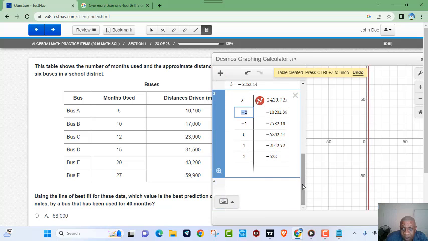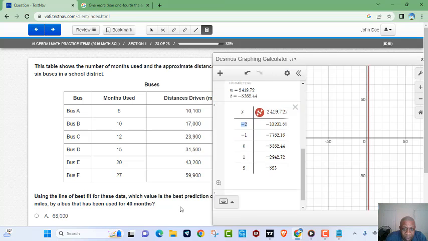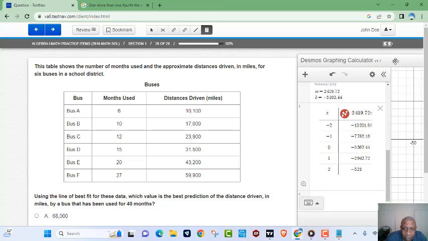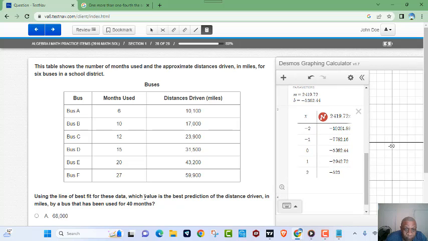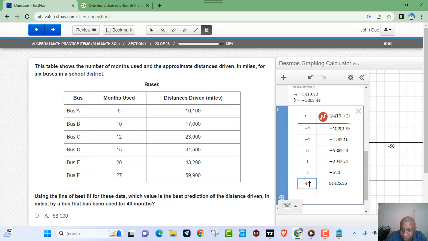And then we come down off of our line of best fit, and it wants to know, let me show you right here, which value is the best prediction of the distance driven in miles by a bus that has been used for 40 months. So we'll just come back over here to the tab, and we'll type in 40.